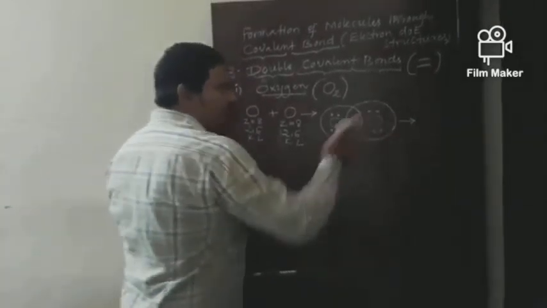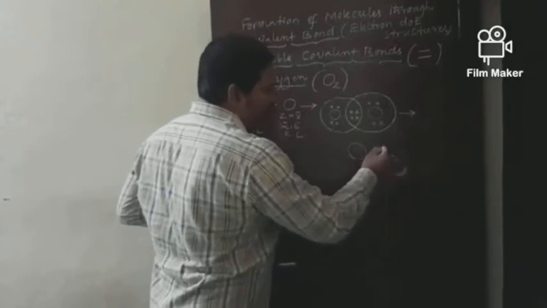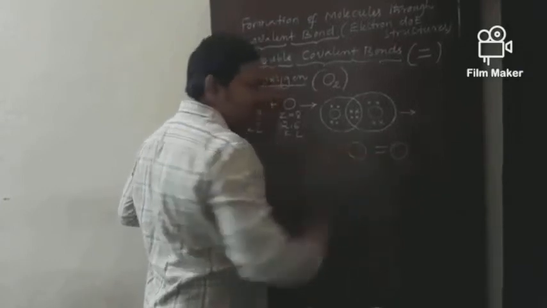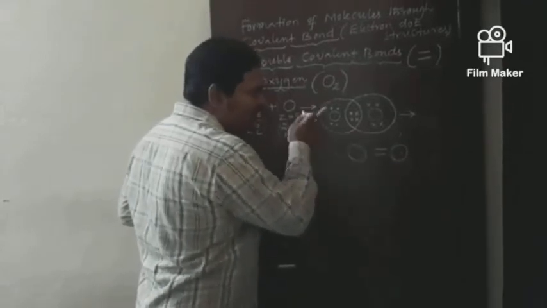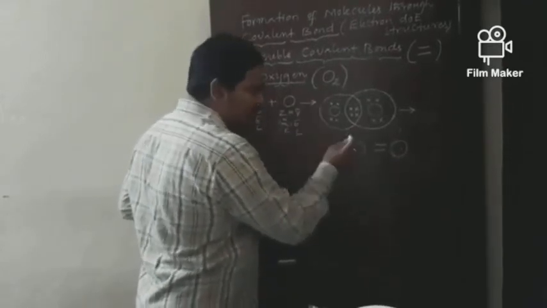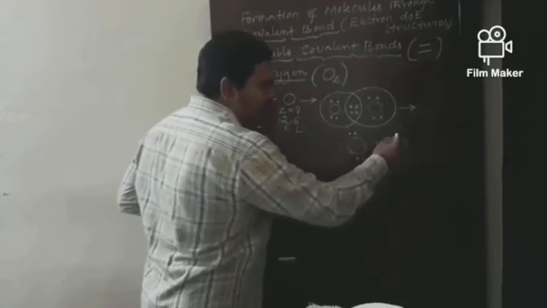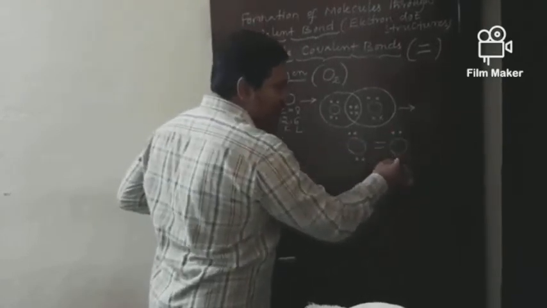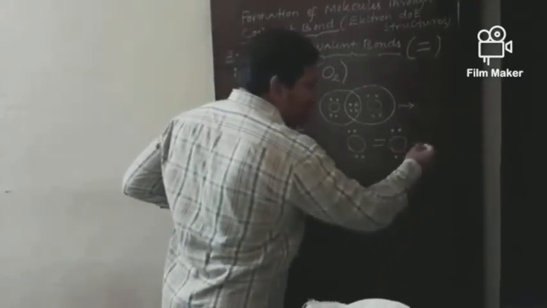Now, let me show that in the form of a figure. A double bond is formed between two oxygen atoms. And after this double bond formation, don't forget about these two lone pairs also. The first oxygen has two lone pairs which are not involved in bond formation, and the second oxygen also has two lone pairs. And finally, this led to the formation of oxygen.